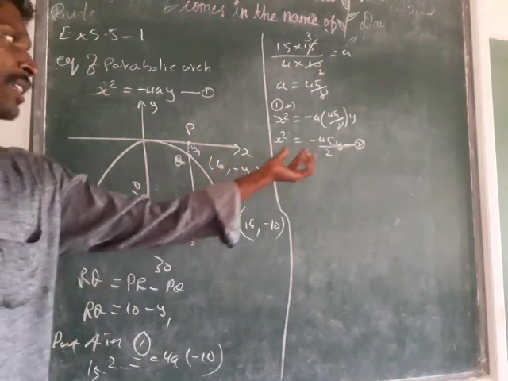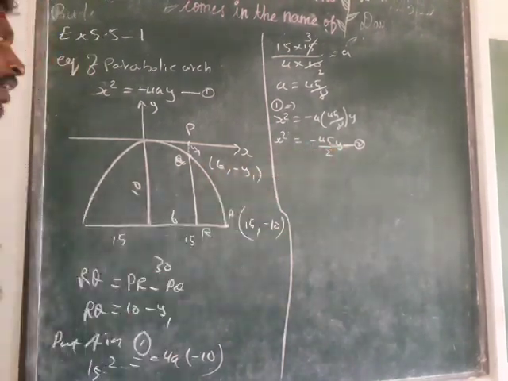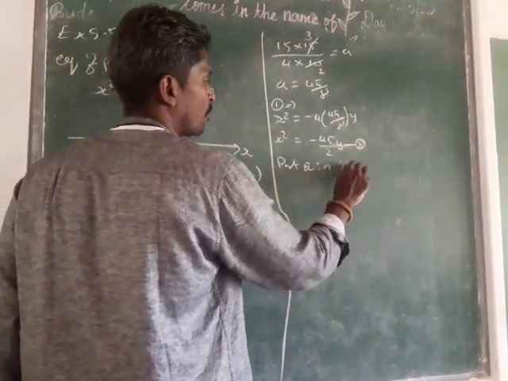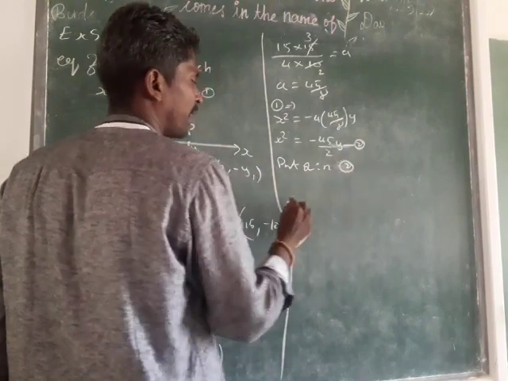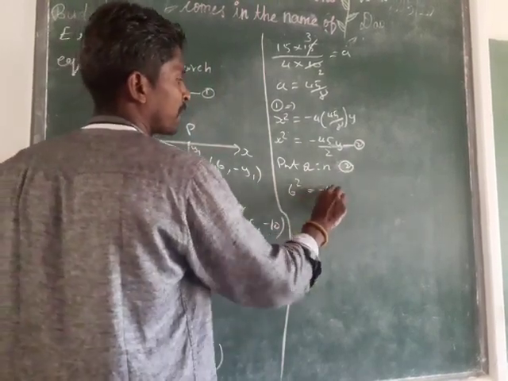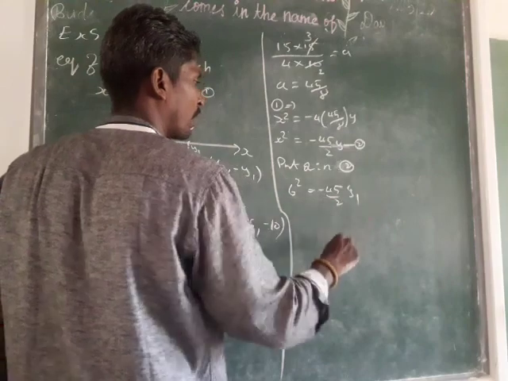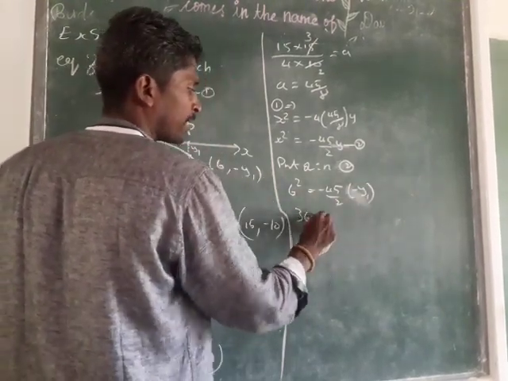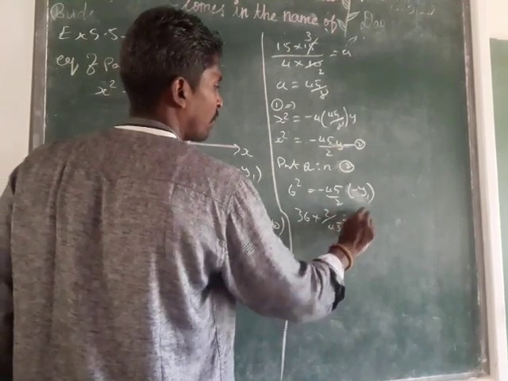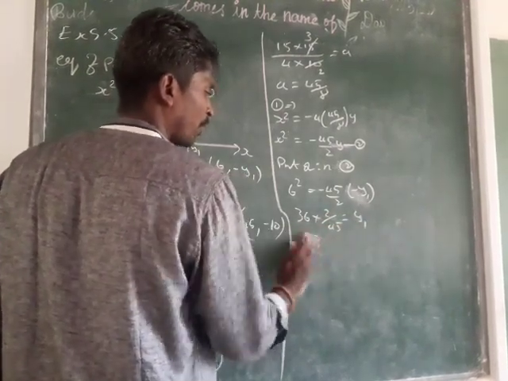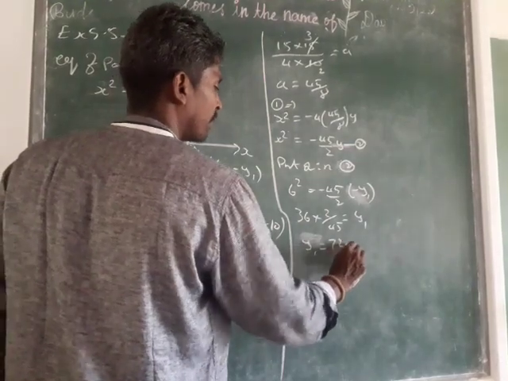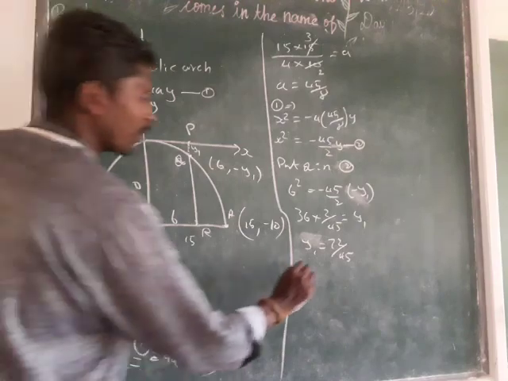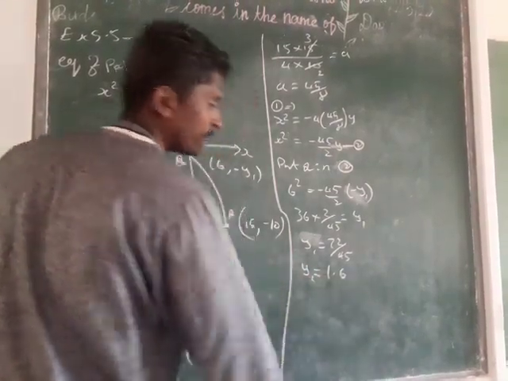So substitute 6 comma minus y1 in equation 2 to find the y1 value. Then we get 6 squared equals minus 45 by 2 into minus y1. When I multiply, it becomes 36 into 2 by 45 equals y1. So y1 equals 72 by 45. When we divide this value, we get y1 equal to 1.6.